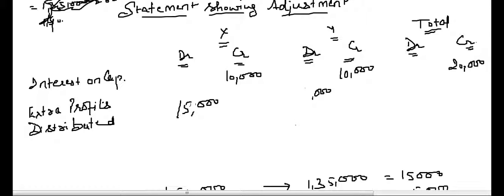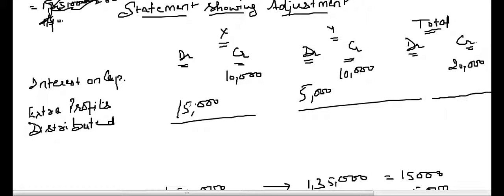And how much for Y? It is 5,000. Clear? Now take the net effect of this. This is 20,000 debit. This will be okay. Now for X it will be 5,000 debit, and for Y this will be 5,000 credit.